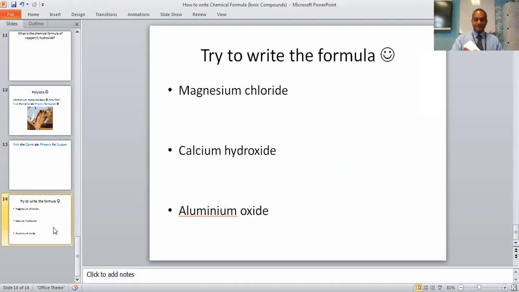Take your white paper and try to find out the formulas of magnesium chloride, calcium hydroxide, and aluminum oxide. You only need to look at your periodic table.